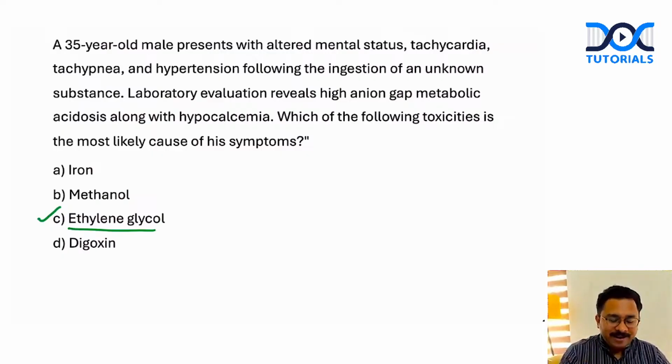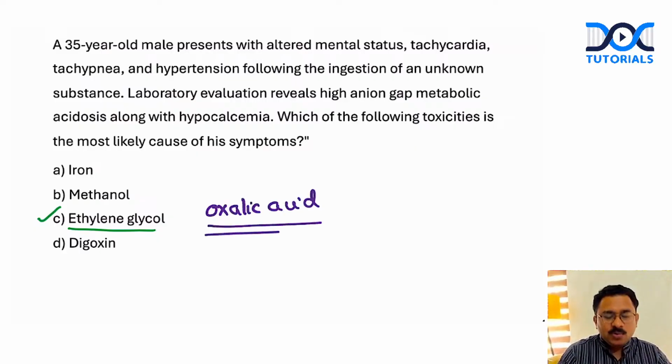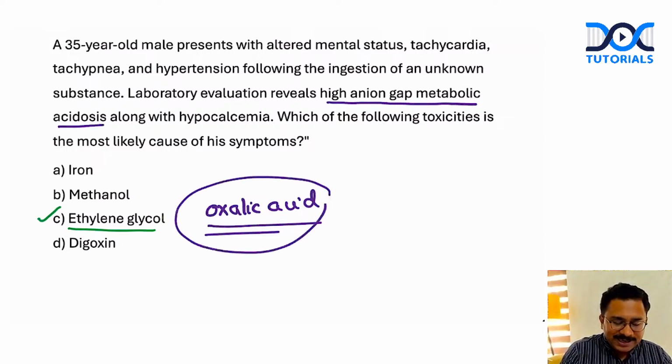Because you will have oxalic acid, glycolic acid, all these acids being formed, and this will contribute to the high anion gap. Acids are being added, like oxalic acid and glycolic acid. So that is going to cause high anion gap metabolic acidosis. And this oxalic acid can bind with the calcium.